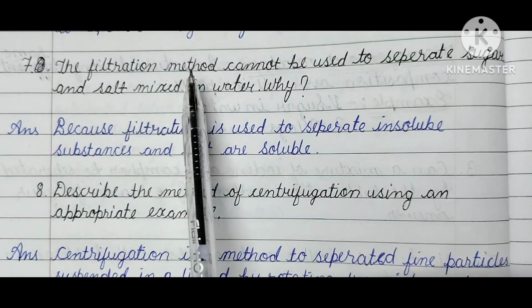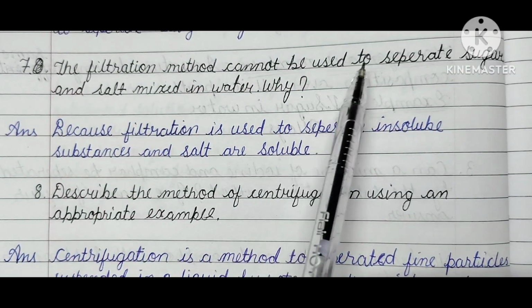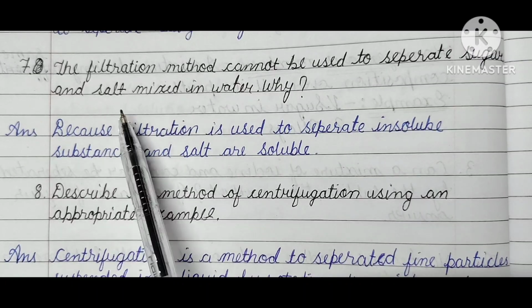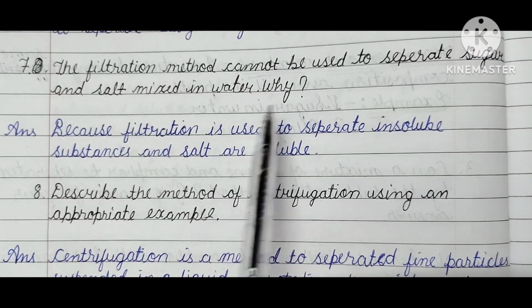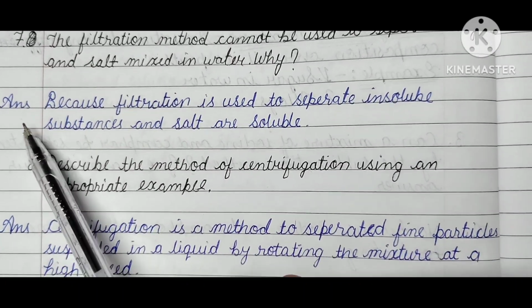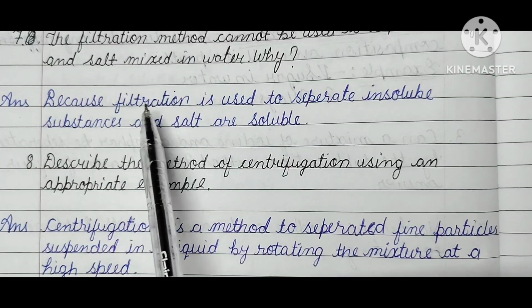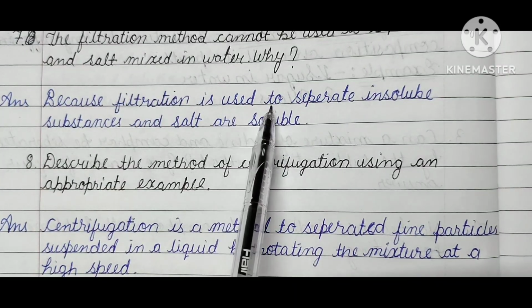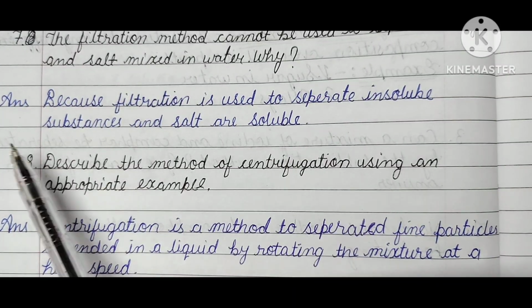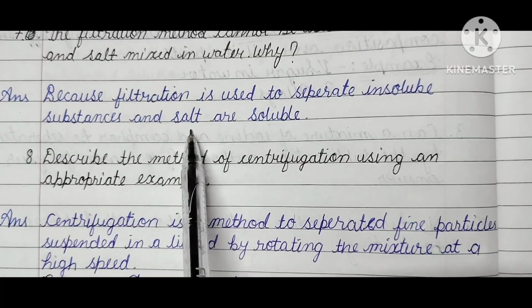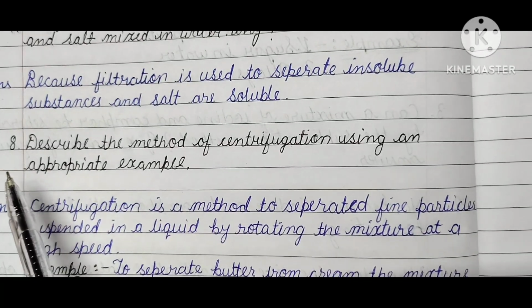The filtration method cannot be used to separate sugar and salt mixed in water. Why? Answer. Because filtration is used to separate insoluble substances and sugar and salt are soluble.